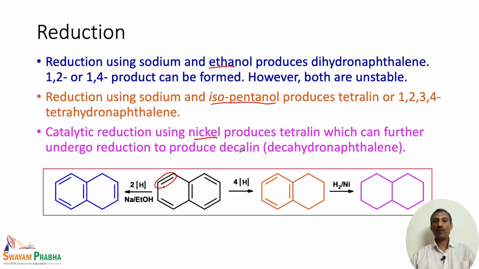So, here we end up with the Decalin derivative, which is basically decahydronaphthalene. This is an alicyclic system. So, from the aromatic system we are completely going to the alicyclic system through the reduction reaction. These are some of the derivatives which are formed on reduction of naphthalene.